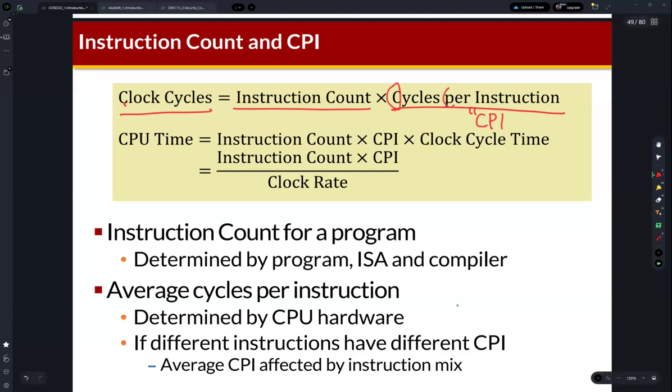So clock cycles is the instruction count multiplied by CPI. With this, the CPU time is the instruction count multiplied by CPI multiplied by the clock cycle time, the clock period. This equation is very important.